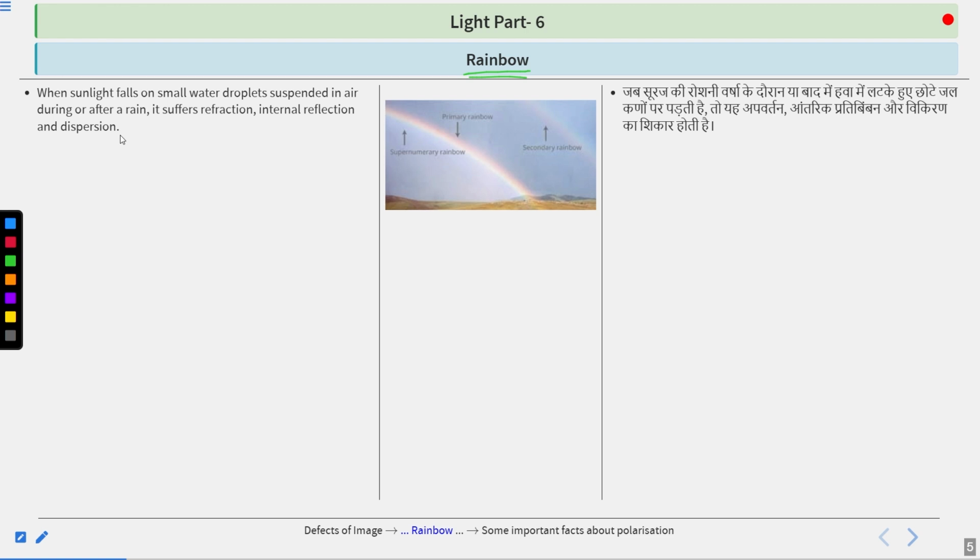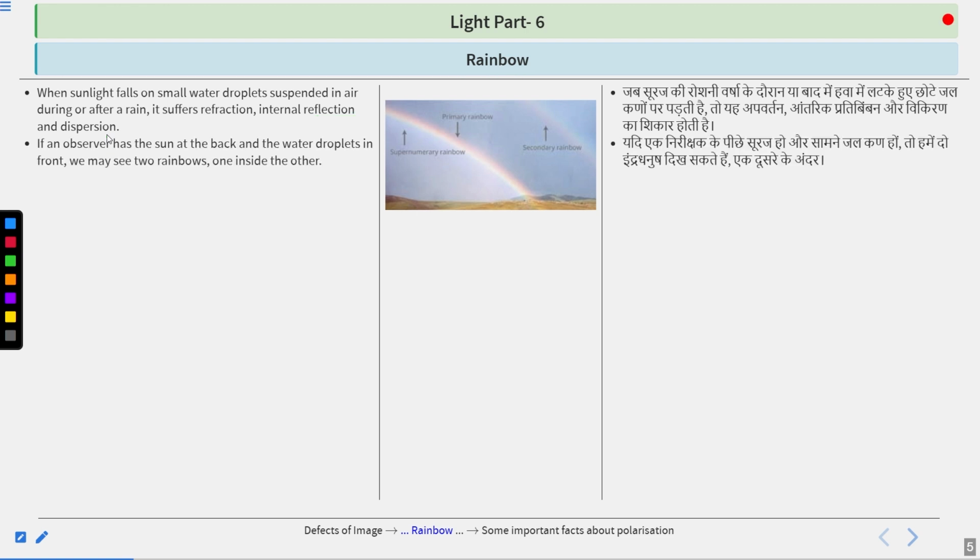And these actually work as a reflector. So when the sunlight falls on them, it goes through refraction because the medium changes, internal reflection, and also dispersion. All these three, refraction, internal reflection and dispersion, give rise to the rainbow.